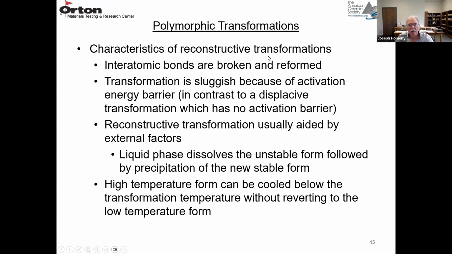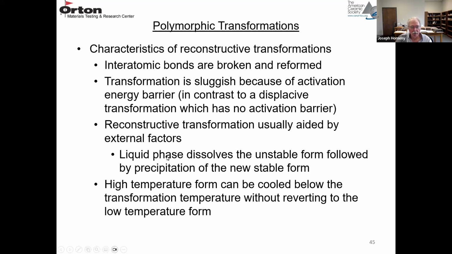A reconstructive transformation, some of the characteristics: interatomic bonds are broken and reformed. It's a slow or sluggish transformation because there's an activation energy barrier to overcome. A displacive transformation has no activation barrier. To make a reconstructive transformation take place, usually it's sluggish, it's a long time at a higher temperature, but you can enhance that transformation.